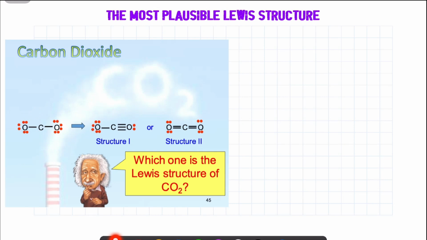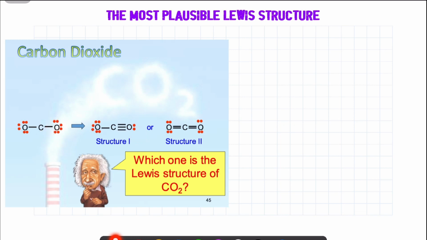So one of the structures is when this oxygen shares 2 lone pairs to form bond with the carbon, and it ends up with the triple bond between the carbon and oxygen, and this oxygen only has 1 lone pair because it is already using 2 lone pairs to form bond with the carbon.